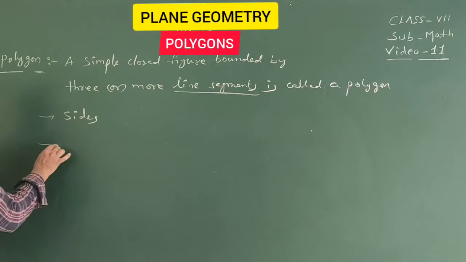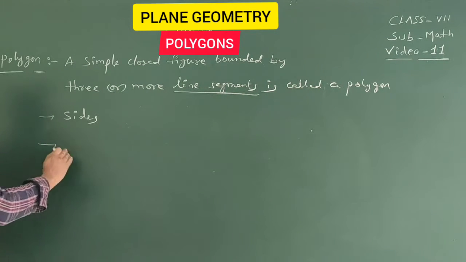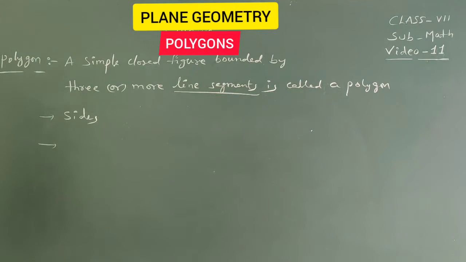And another important point: the number of sides is equal to the number of vertices in a polygon. What are vertices?